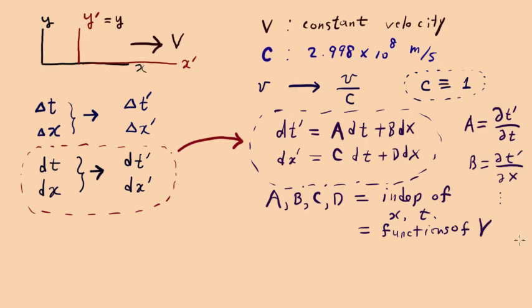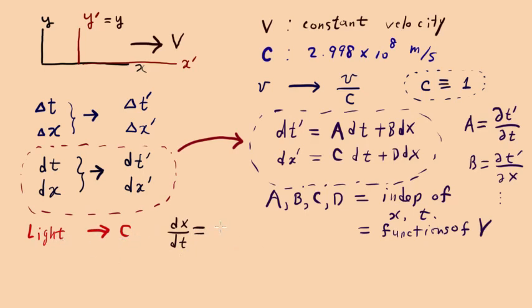So let's consider light going to the right. So right-going light at the speed of light c. So what that means is that in terms of these dx's and dt's, remember that dx over dt is the velocity. So we are assuming a right-going light.